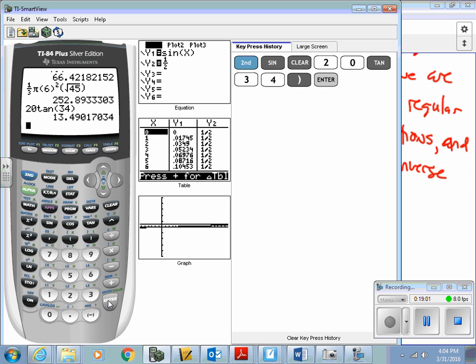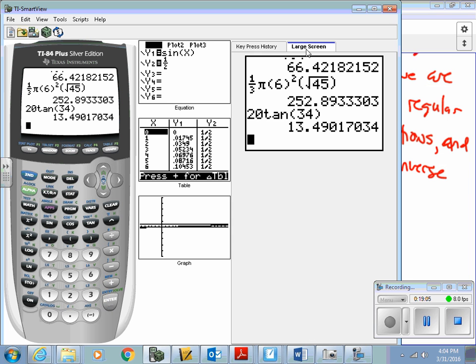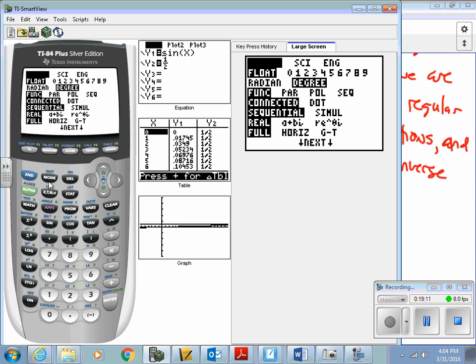Now, one thing you want to make sure of, and I should have changed it because I wanted to make a point of how you could make a mistake: if you're in the wrong mode. I'm in degree mode, which is what you want for this particular problem. If I had been in radian mode, and when you get your calculators on the test, I'm pretty sure they're going to be in radian mode, you're going to have to change it.